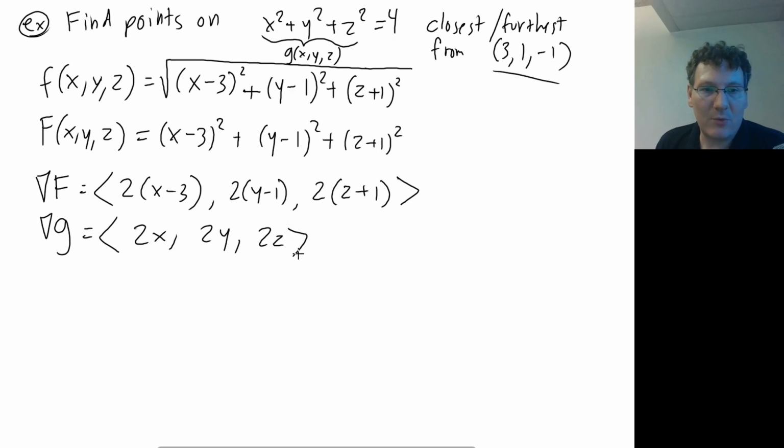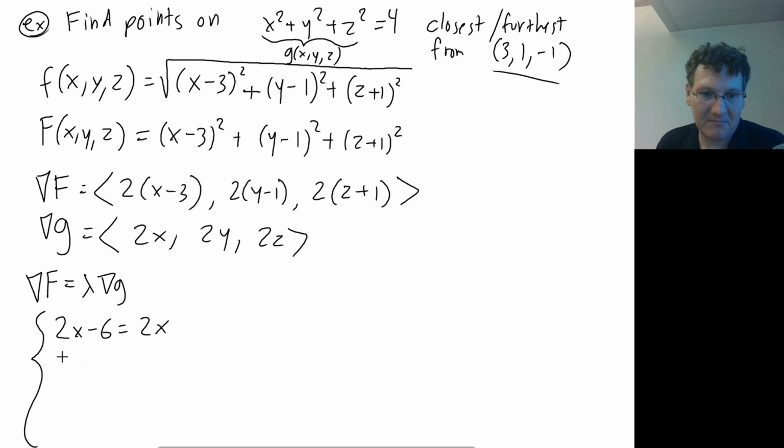Now, if we set the gradient of f equal to lambda times the gradient of g, what we get are the equations 2x minus 6 equals lambda times 2x.